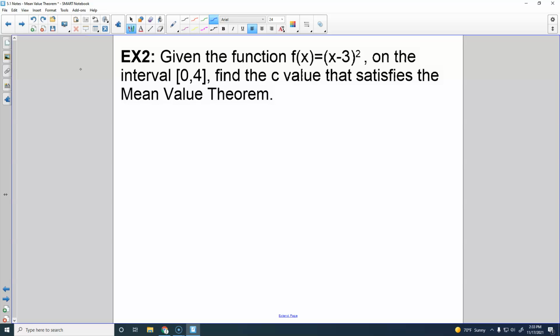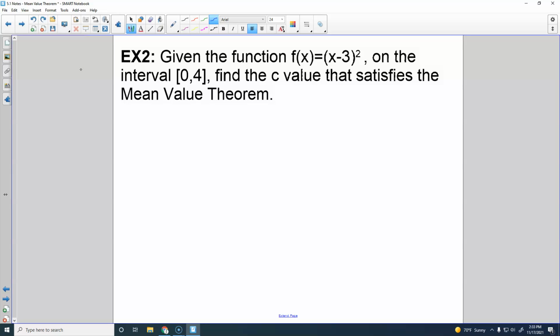You're not having to prove the mean value theorem, so you don't have to show that it's continuous or any of that here, because it didn't ask you to prove. If it said, does it apply and find the c value, then you would need to prove that it applies.